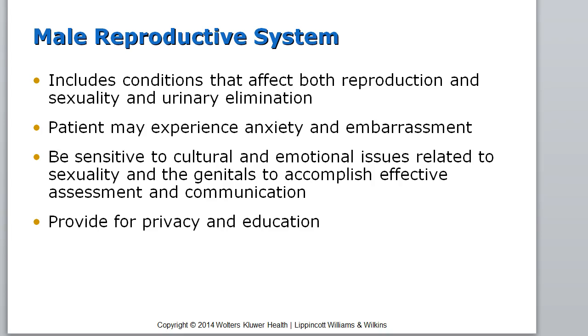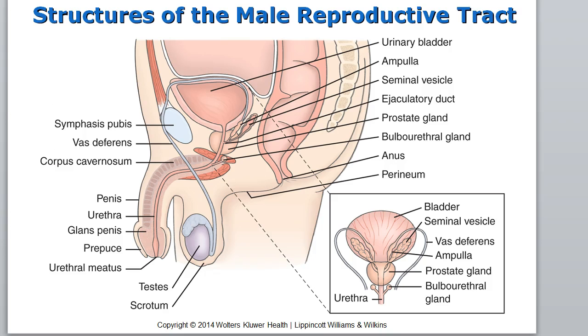Oftentimes, patients do not disclose these problems and we will have to seek it out of them. It is important as nurses to recognize this in order to raise awareness and provide education and support to our patients. Now, before I proceed, I would like to go over a few details regarding main structures in the male reproductive tract.